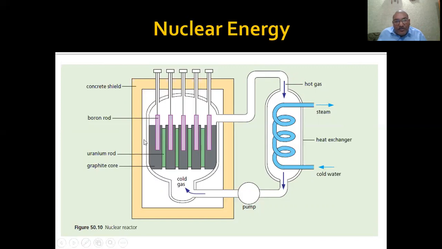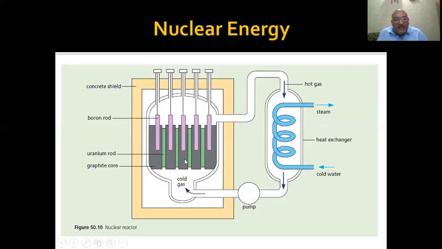So in these upper portions of the uranium between the boron rods, fission cannot take place. By moving the boron rods downward or upward, we are able to control the fission reaction of the uranium.